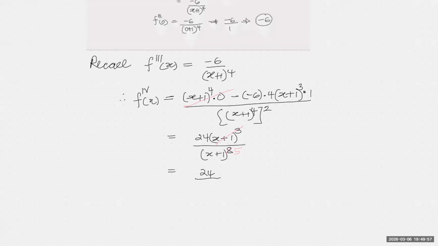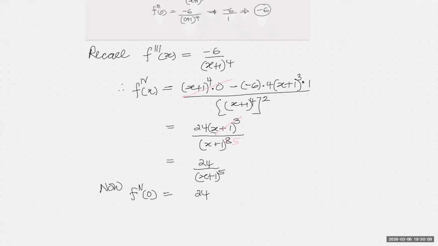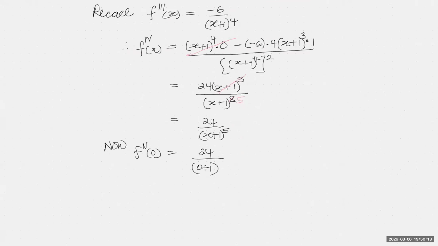So now f to the 4th of 0 is going to be equal to 24 over 0 plus 1 to the 5th. It's going to be 24 over, let's call it 24 and done.